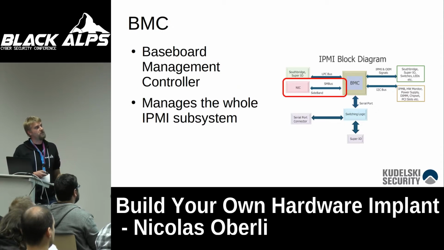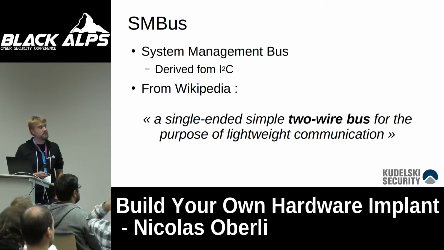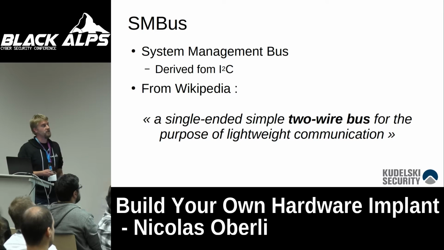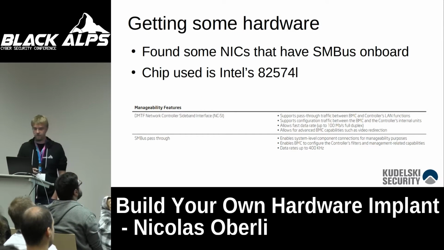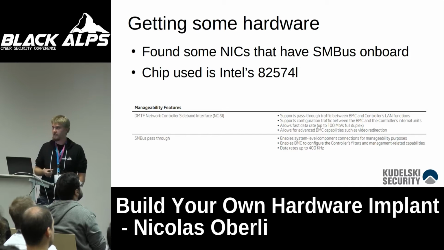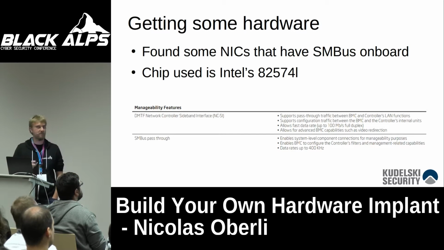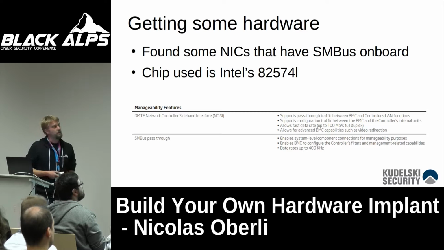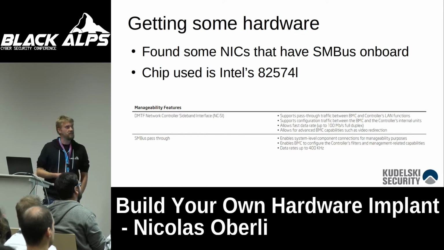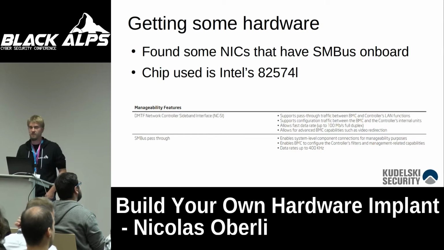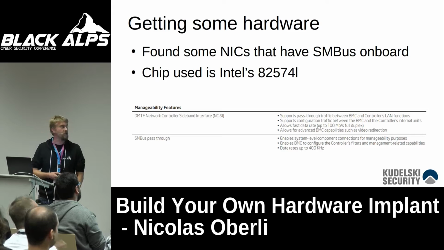Knowing that SMBus is available on some NICs, and that SMBus uses only 2 wires, I started to look for hardware that actually uses that specific SMBus. Unfortunately, I didn't have any servers available at home.